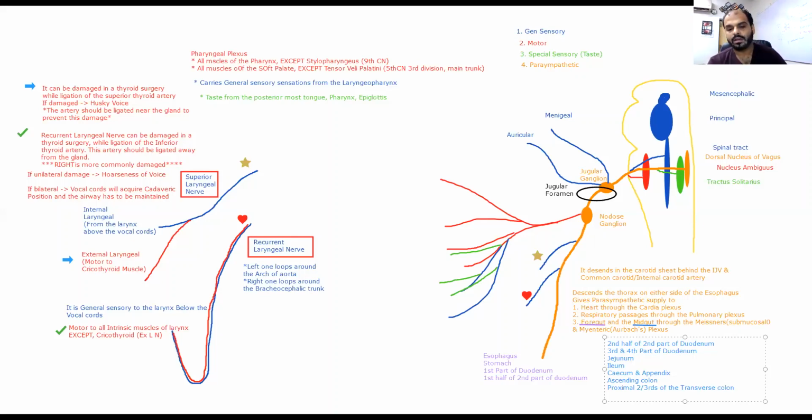So this is the midgut. The remaining part of the GIT is known as the hindgut, which is supplied by pelvic splanchnic nerves having a root value of S2, S3, and S4, and which come from the spinal cord.